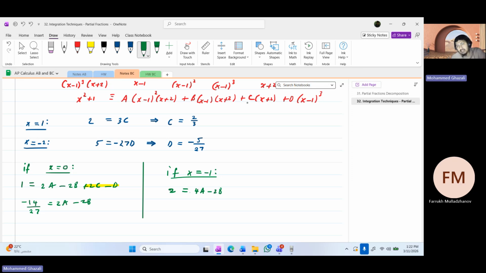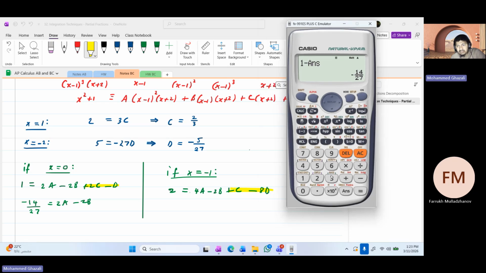What we have here is just C, because -1 plus 2 is 1, so it's just going to be plus C. And that's -1 minus 1, which is -2, cubed is -8. So -8D, right? So I need to simplify this equation as well. I want to find out what's the value of C minus 8D now, right? And then take 2 minus the answer.